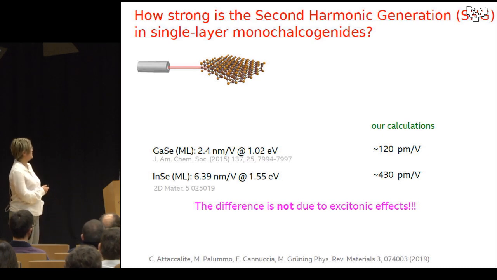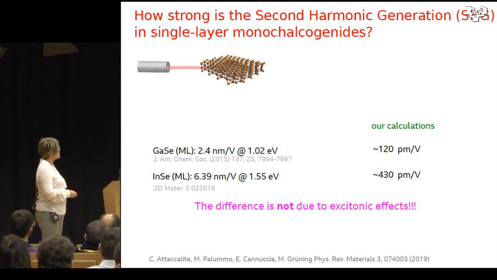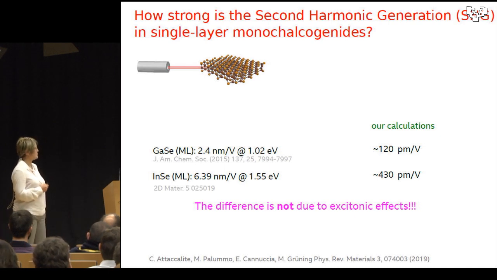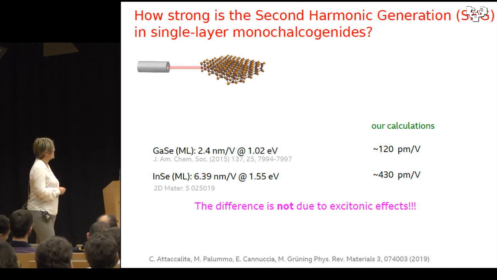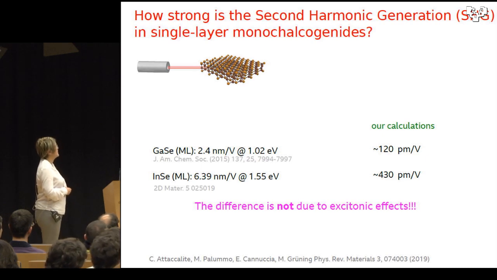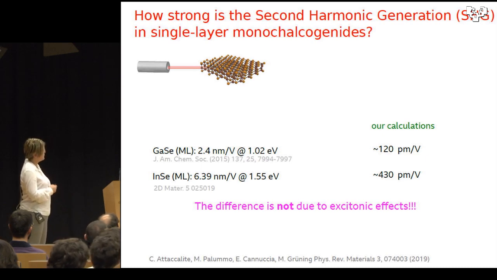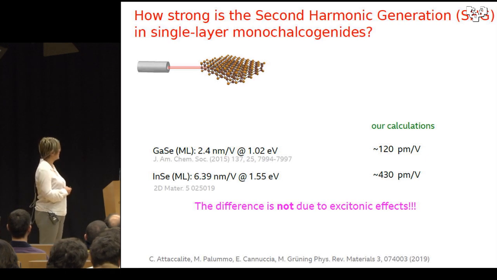And instead, we don't even get close to the experimental values. So instead of 2.4 nanometer per volt, we get 120 picometer per volt. And instead of 6.4 nanometer per volt, we get 430 picometer per volt.